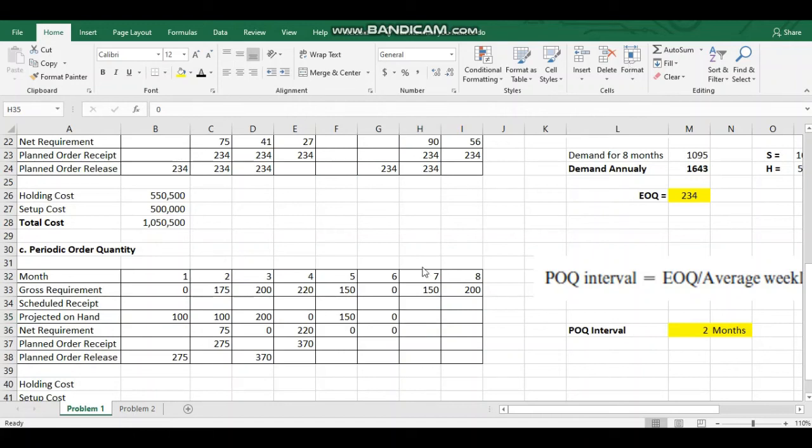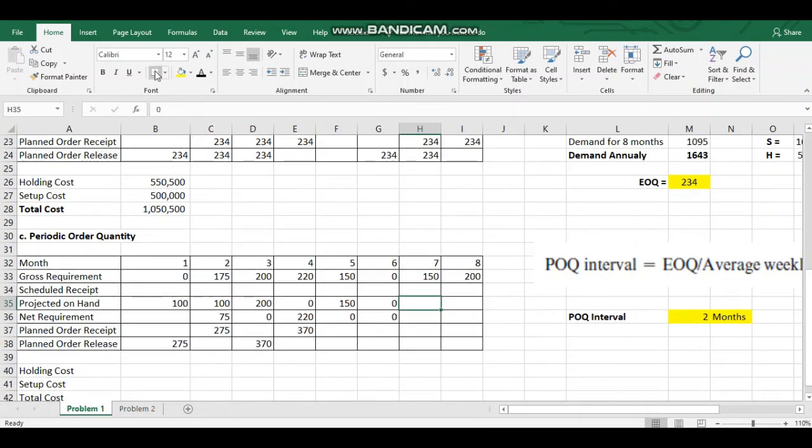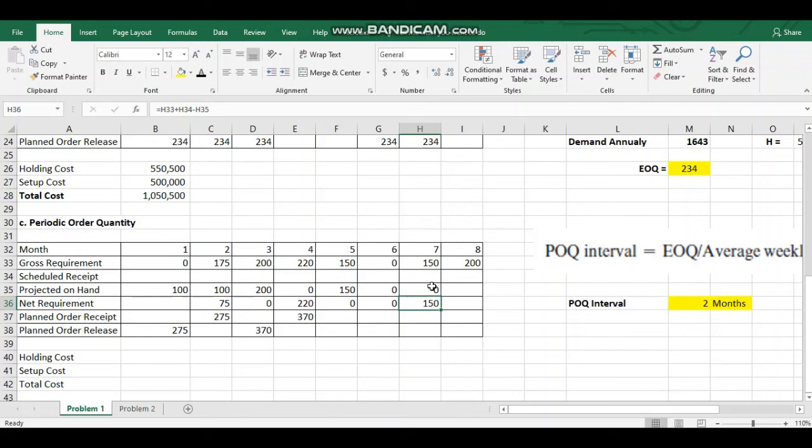For the 7th month, the gross requirement is 150 units, while we have no inventory at all. So our net requirement equals the gross requirement, and since we have a net requirement, we have to place an order 1 month before, and we order as much as the net requirement for the 7th month plus the gross requirement for the next month. So the total is 350 units.